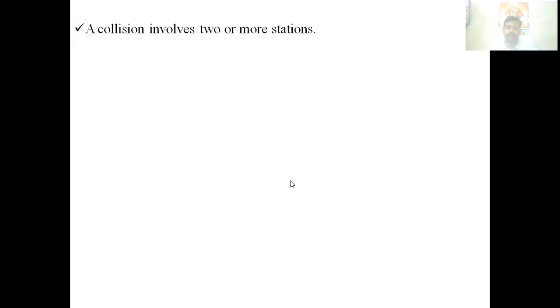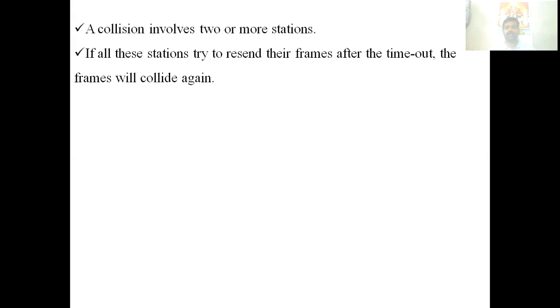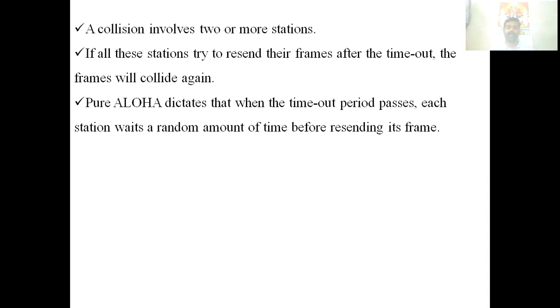A collision involves two or more stations. So if all these stations try to resend their frames again right after the timeout, the frames will also collide. So when there is a timeout, pure Aloha tells the station to wait for a random amount of time before resending.